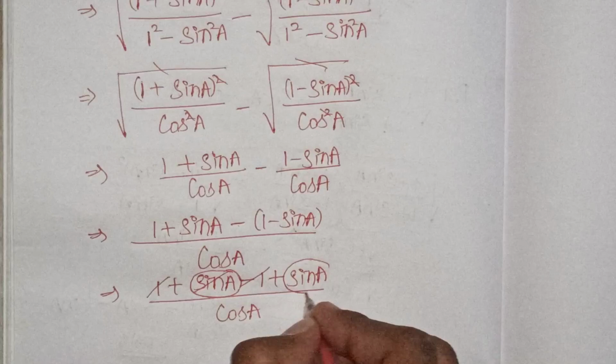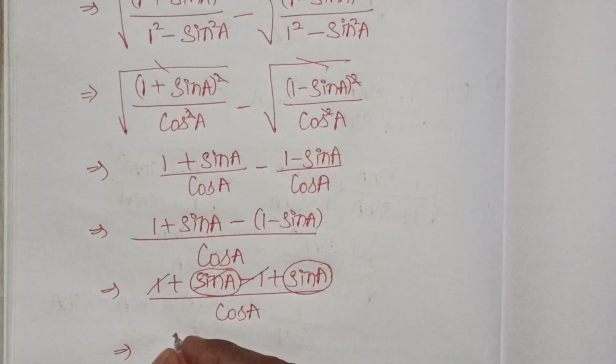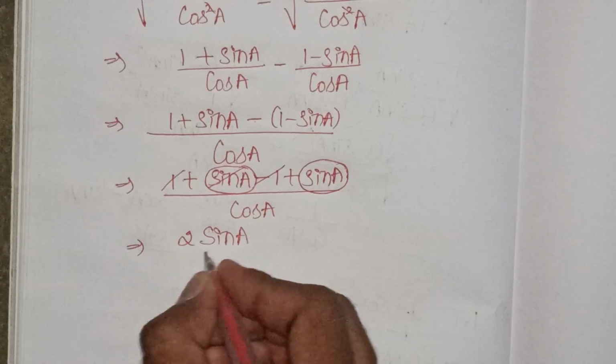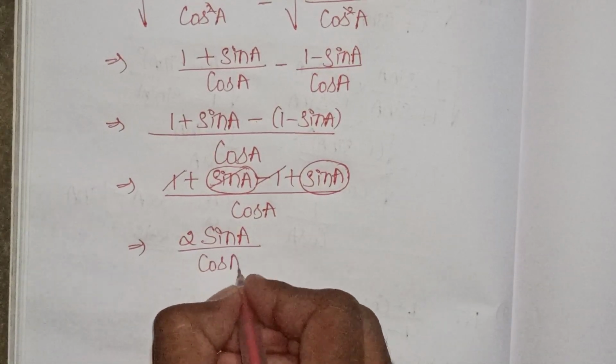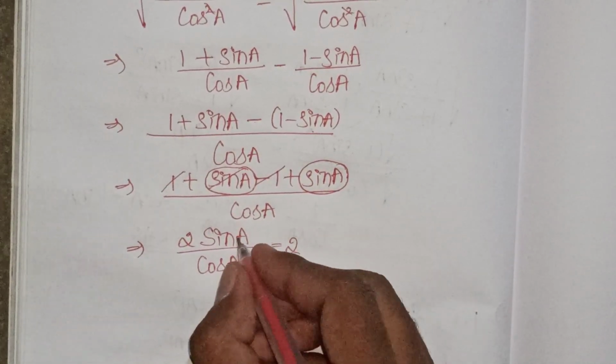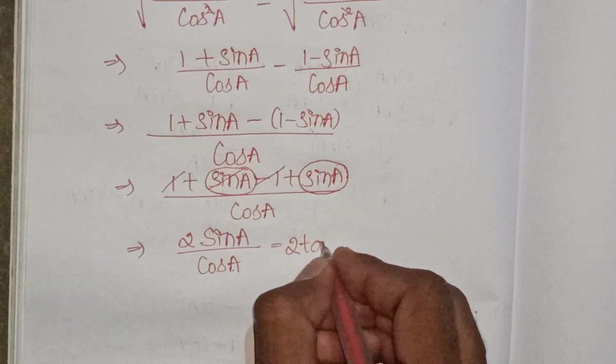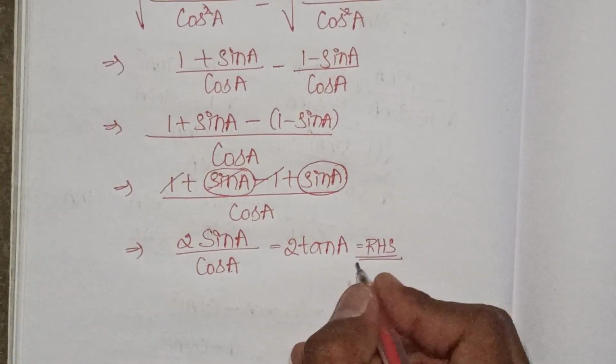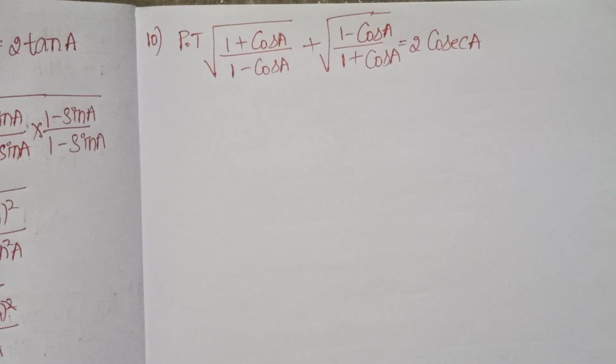Sin A plus sin A will become 2 sin A by cos A. 2 into sin A by cos A can be written as tan A, which is equal to RHS. Hence proved. Now let's move on to the next question.